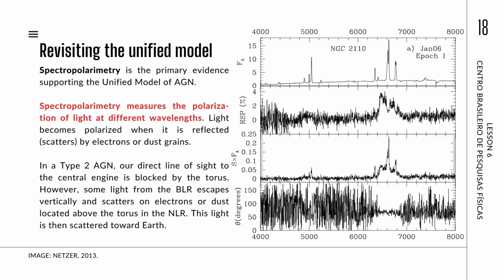But there is a very clever way to investigate if the type 2 and type 1 are the same thing, just at different angles, supposing that you don't have the resolution to peer there. Maybe it's better if I draw it here.